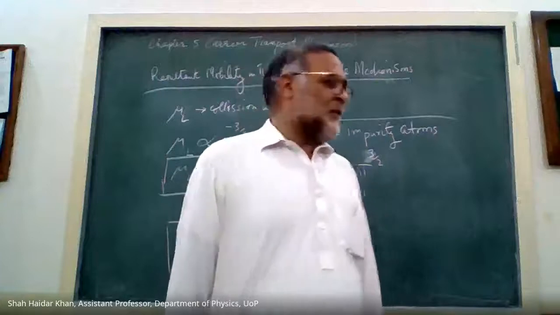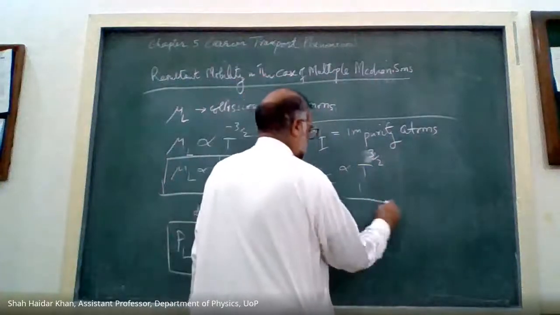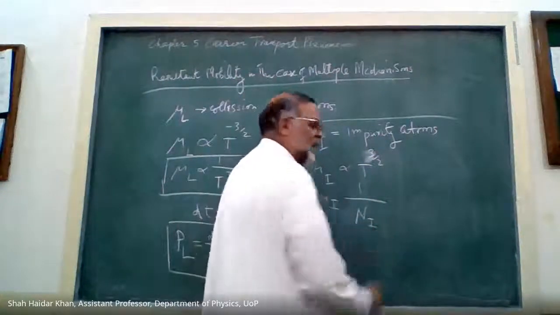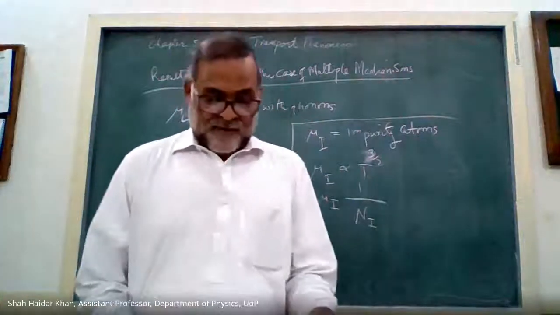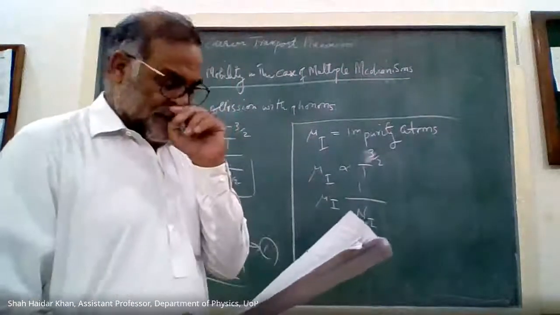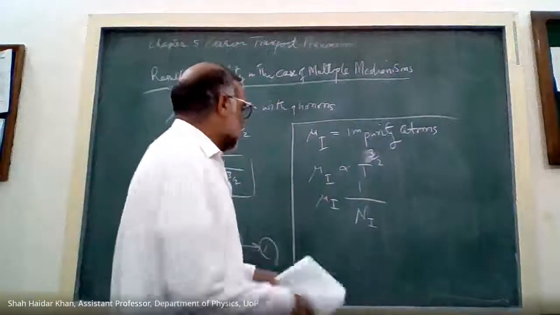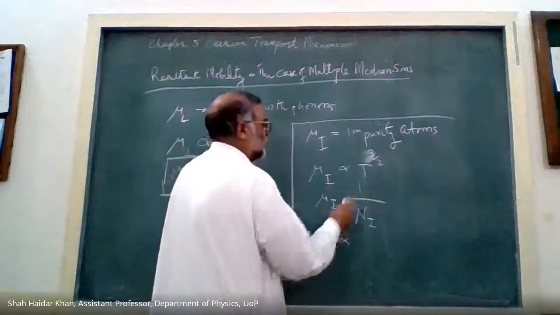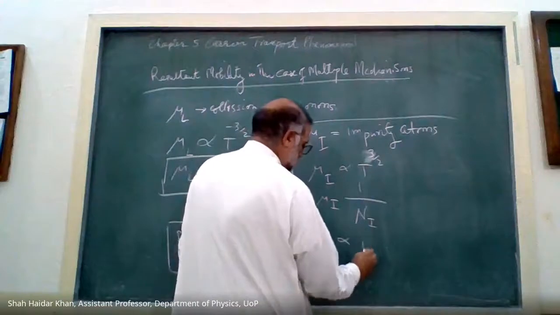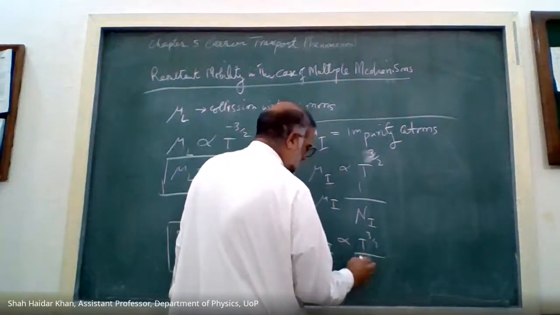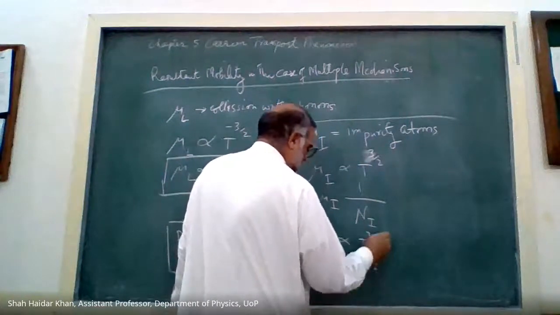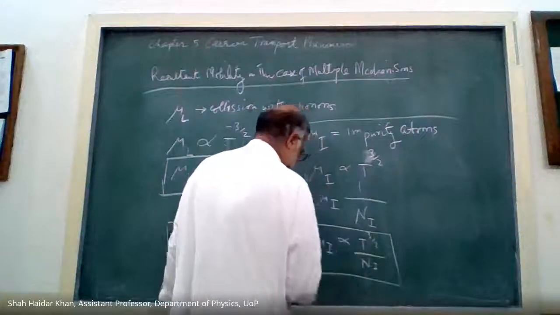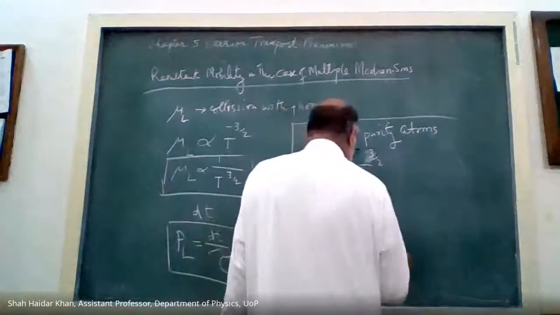So that is inversely proportional. If Ni is the impurity concentration, then it is inversely proportional. We can combine the two. So mu I will be proportional to T to the power 3 by 2 and inversely to Ni.